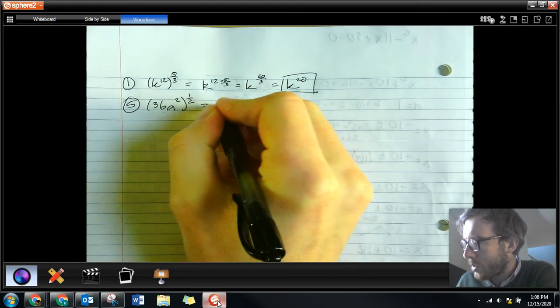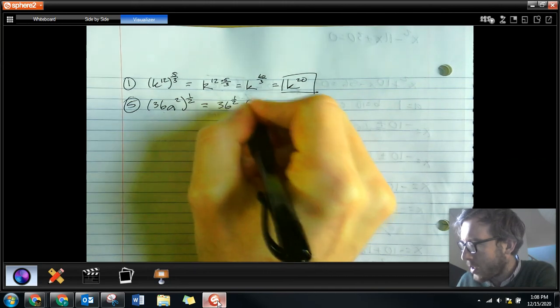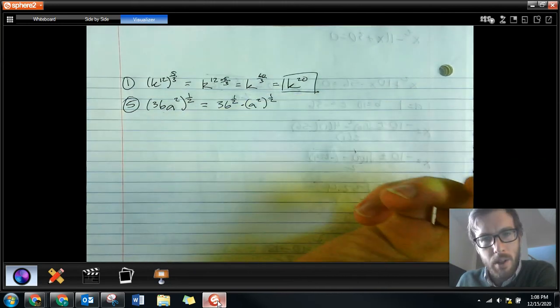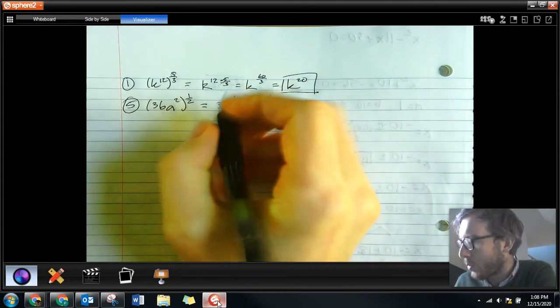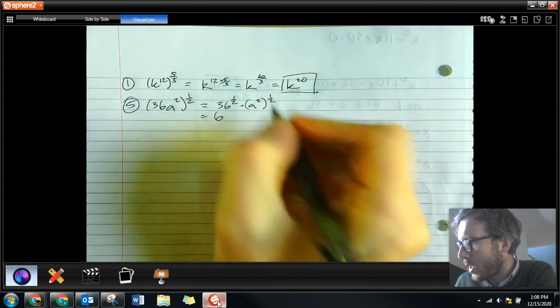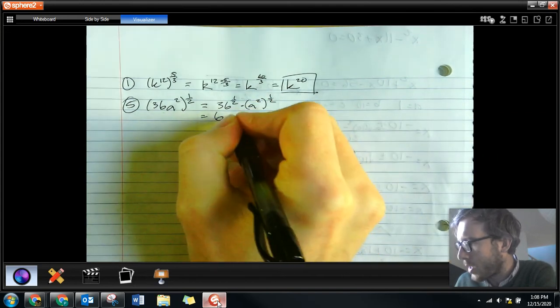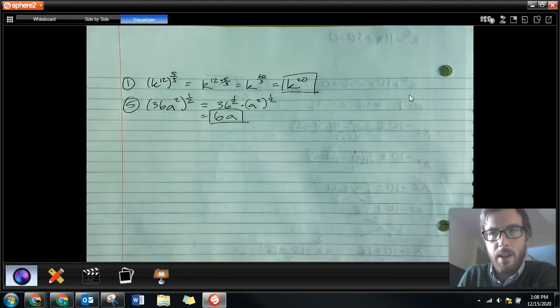So this is equivalent to 36 to the 1/2 times a squared to the 1/2. This is another application of the power rule, also the product rule, but mainly the power rule. 36 to the 1/2 is 6. A squared to the 1/2, so 2 times 1/2, that's just a. So our final answer for 5 should be 6a.